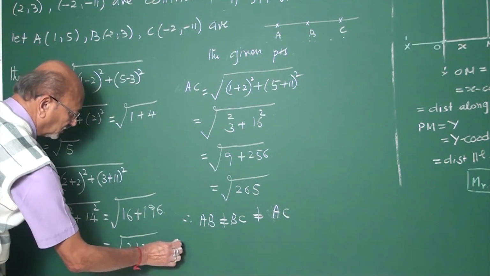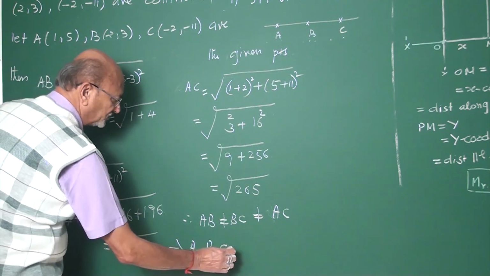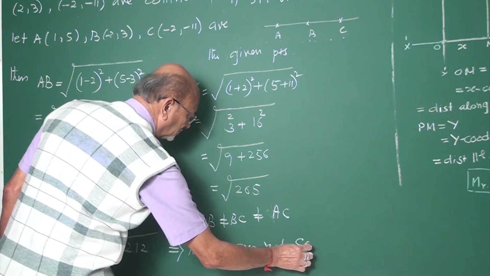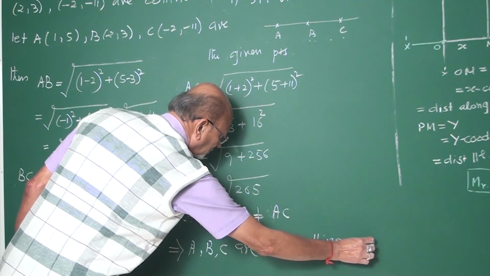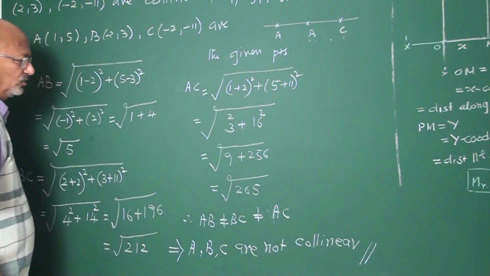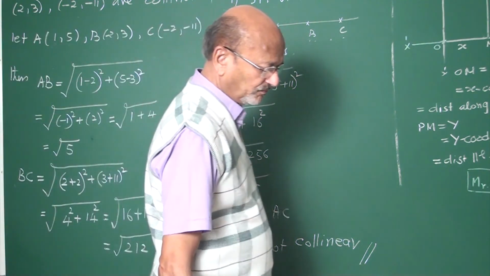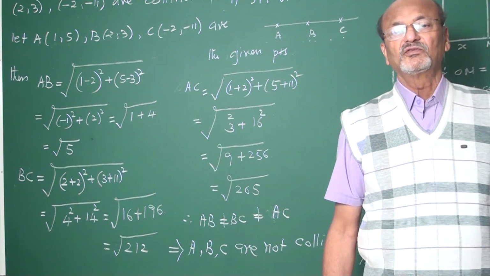This implies A, B, C are not collinear. Yes, my friends, like this you have examples based on geometrical figures.